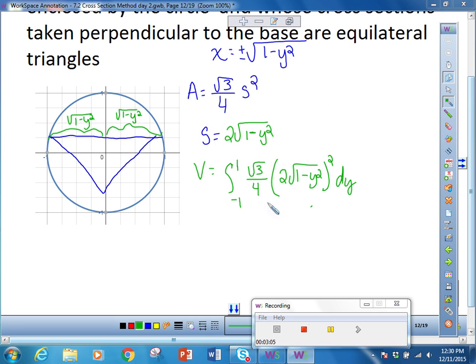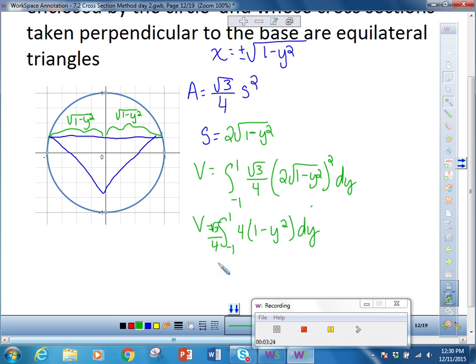So then we can simplify that, and this is -1 to 1. We can bring out the radical 3 over 4, and this becomes 4 times 1 minus y squared. You want to bring out the 4 as well? Bring out the 4, they cancel, so I have radical 3, the integral of -1 to 1, 1 minus y squared, dy.